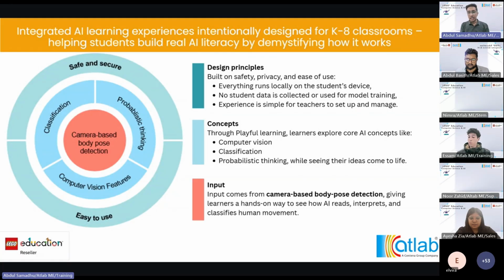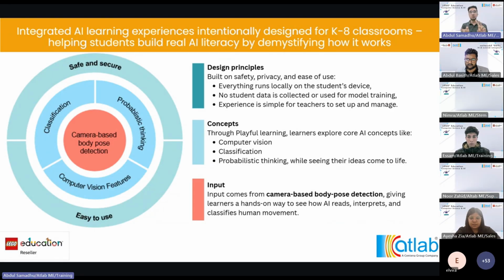And finally, inputs. The inputs that the students would be giving would be based on cameras. Using the onboard device cameras, like laptops or iPads, students will interact with AI models based on body pose detection and also body sensing features.